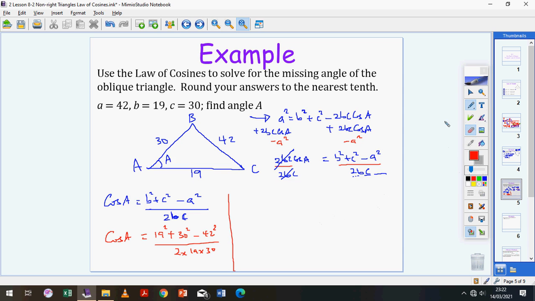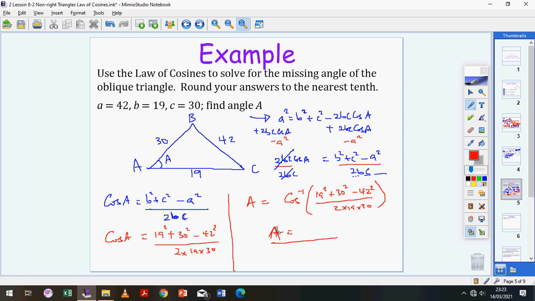So A alone will be the inverse cosine of 19 squared plus 30 squared minus 42 squared divided by 2 times 19 times 30. All of this can go in your calculator at once, and that's how you will get the most accurate answer.